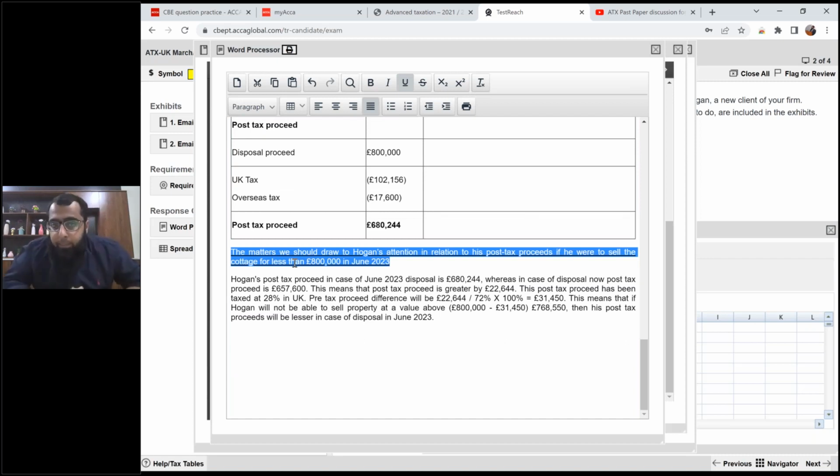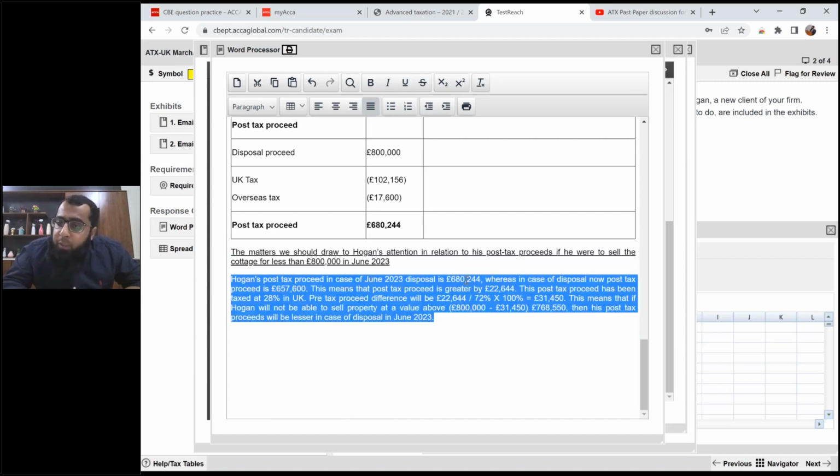Then what will happen? Hogan's post-tax proceed in case of June 23 disposal is 680, whereas in case of disposal now it is 657. This means that the post-tax proceed is greater by 22,644. This post-tax proceed has been taxed at 28%.